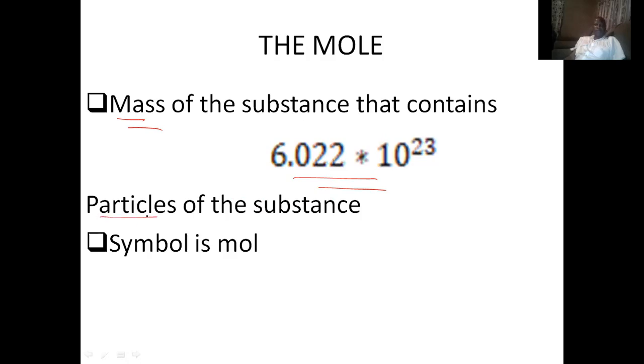Particles can be atoms, molecules, or ions in a substance. And the symbol that we use for a mole is M or L.